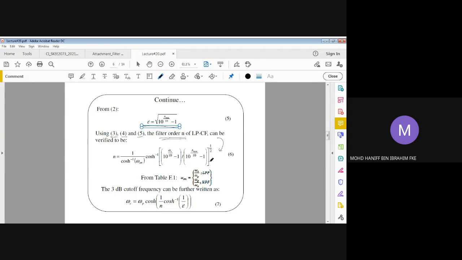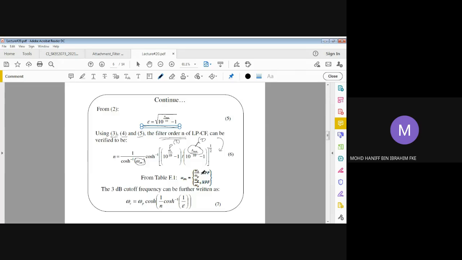Okay, so this is how you obtain the filter order n of the low-pass Chebyshev filters, in which it will be based on the parameters of A max, which is based on equation number 2, the parameter of alpha s, which is based on equation number 3. Then you have to know what your omega Sn is.